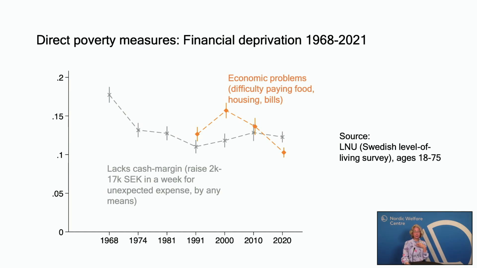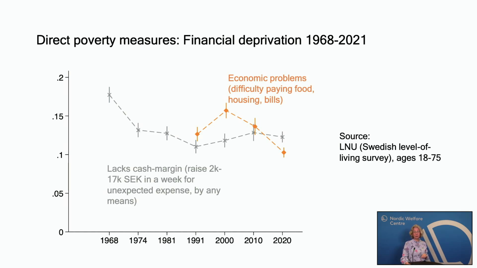In 1968, this was 2,000 Swedish krona, and in 2021, it's 17,000. So we adjust for inflation so that it's a sum corresponding to something unexpected that is unusually big but not enormous.